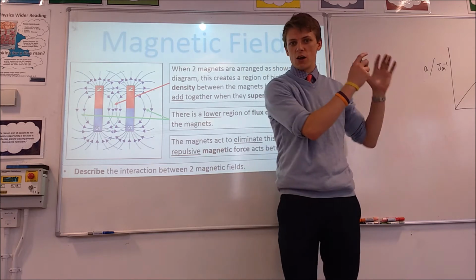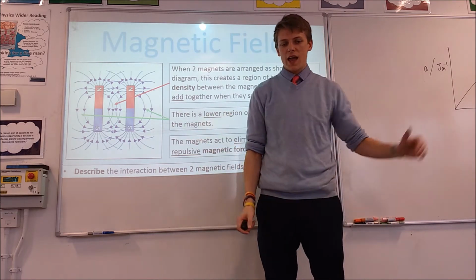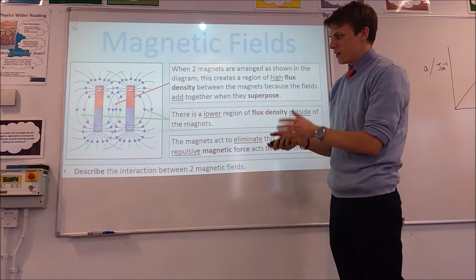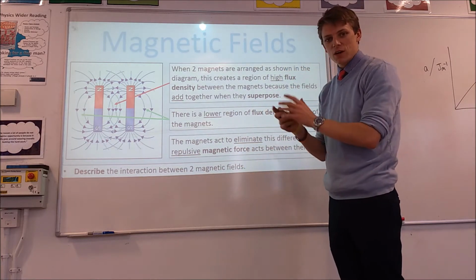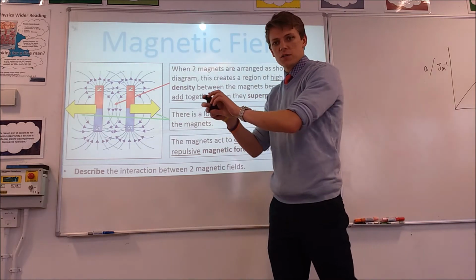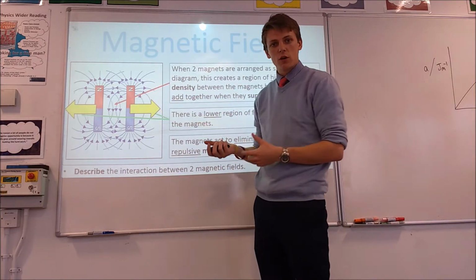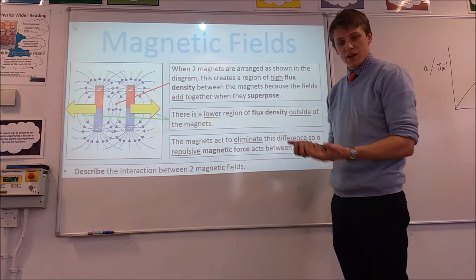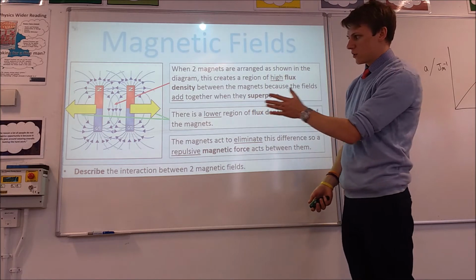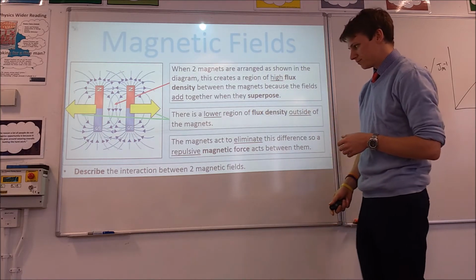If you have something really hot and something really cold, energy goes from the hot one to the cold one, and it's the same here. The system is going to act to get rid of that difference, and it does that by inducing this magnetic force which forces them apart so they're no longer in each other's fields, and it eliminates that difference. So that's why you get repulsion when you put two magnets parallel like this.